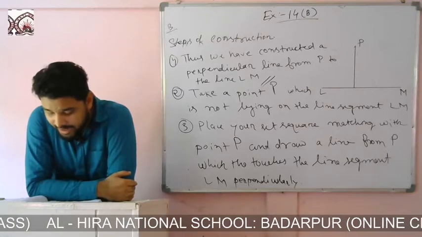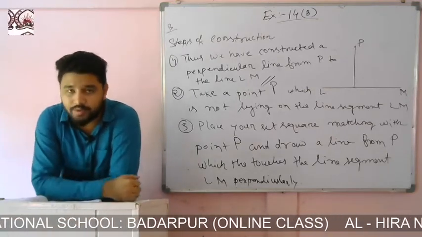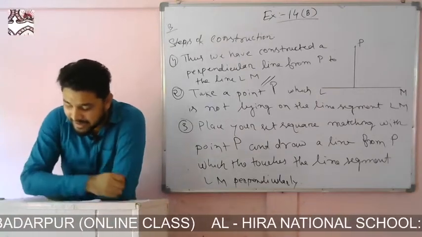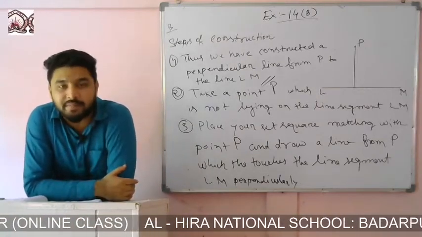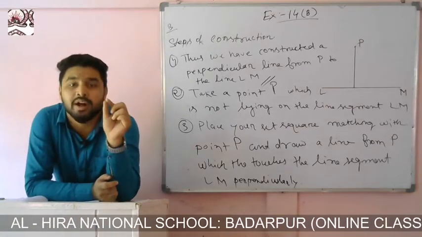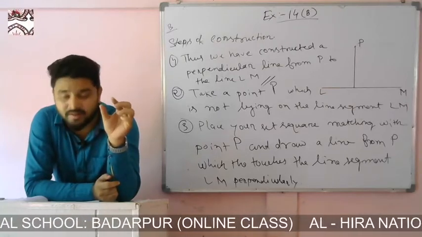The figure shown here is for guidance. In AC, that means in the line segment AC, take a point P such that AP equals 4.5 centimeter.